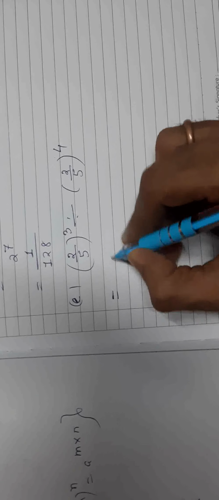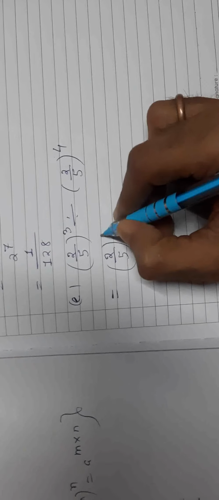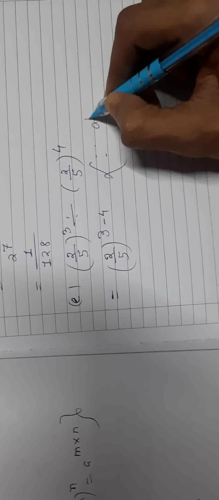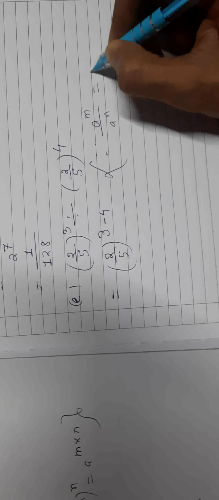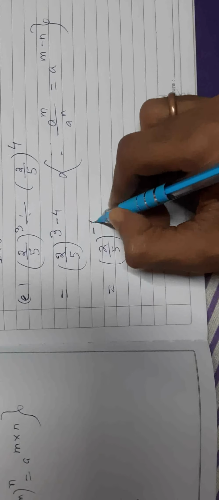So since the bases are same and with a division operator, we can use the second formula, that is (2/5) to the power 3 minus 4, and the reasoning part would be, since a^m divided by a^n is equal to a^(m−n). So it gives (2/5) to the power 3 minus 4, which is minus 1.